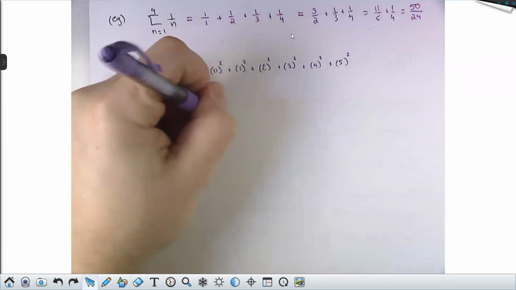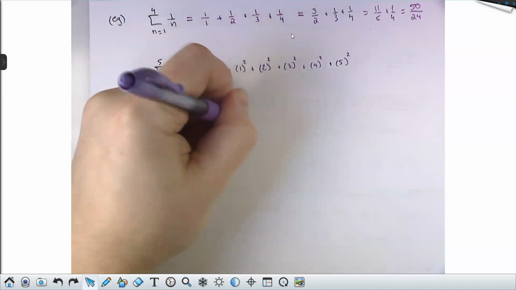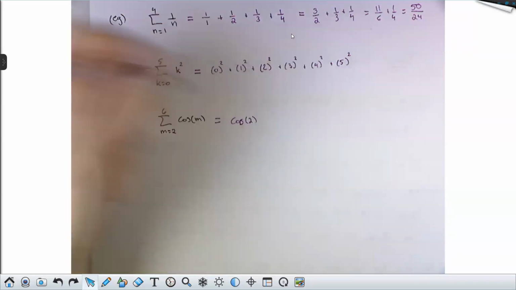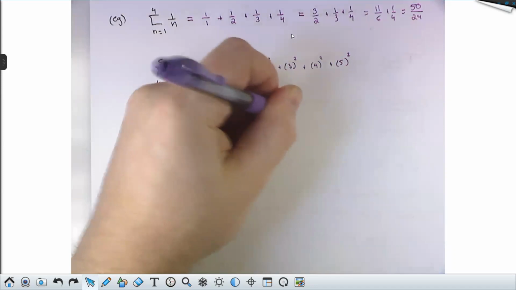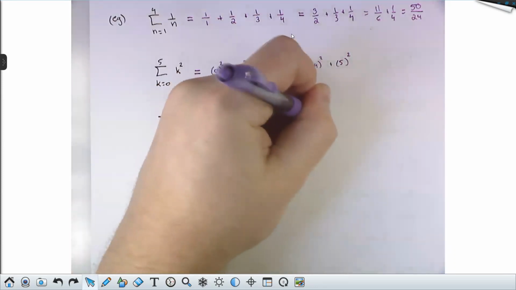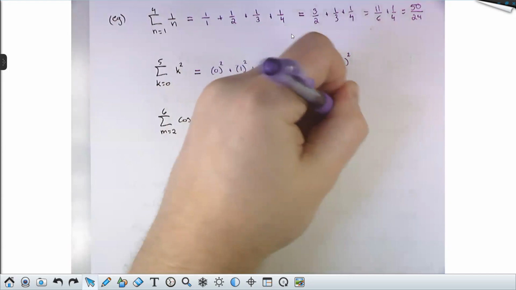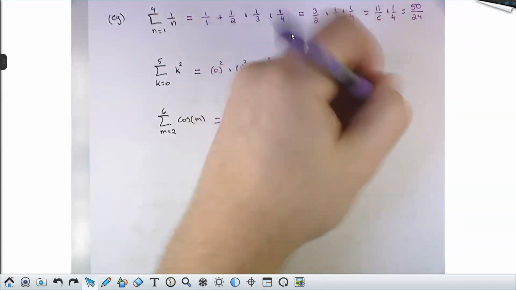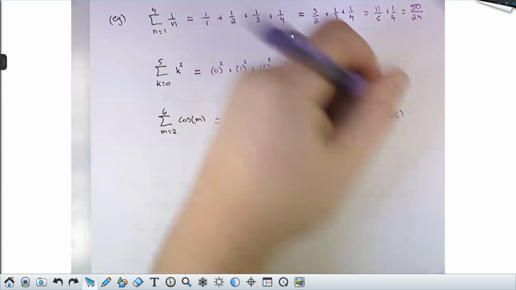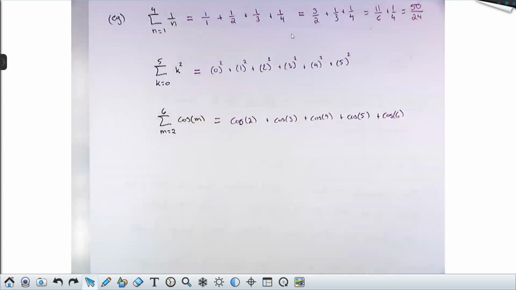The last guy would be the cosine of 2 plus the cosine of 3 plus the cosine of 4 plus the cosine of 5 plus the cosine of 6. And those are nasty numbers. I'm not even going to dream about trying to find that sum by hand. Again, the purpose of this example is just to get us comfortable with what the sigma operator does when you put something in here. So are there any questions about expanding something like this from here?